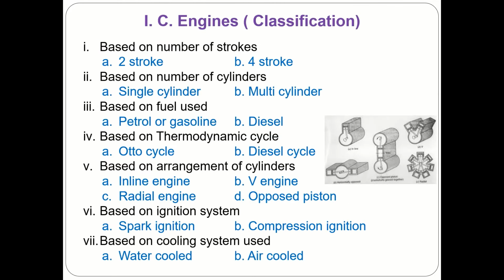Now let me firstly classify the engines. There are two types of engines. One is the external combustion engine and the second one is the internal combustion engine. In an external combustion engine, fuel is burnt outside the engine system where the power is produced. Once fuel is burnt, the working substance absorbs that heat, like steam in case of a boiler.